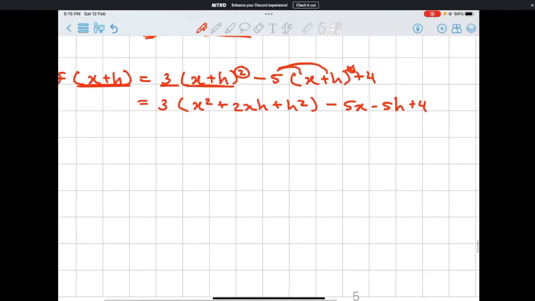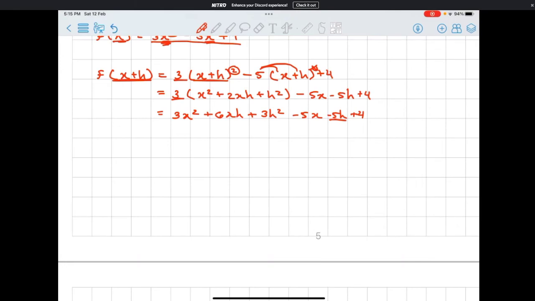Now that we have this, we can distribute the 3. This is going to become 3x squared plus 6xh plus 3h squared minus 5x minus 5h plus 4. So here, there is nothing to cross out. There is no positive 5h for us to cross it out with this one.